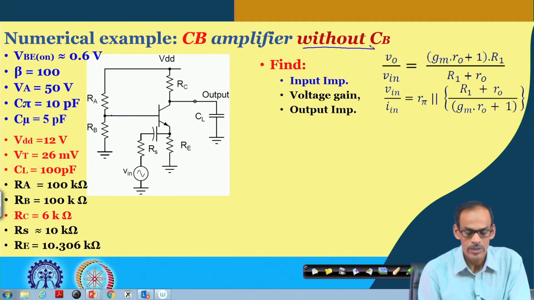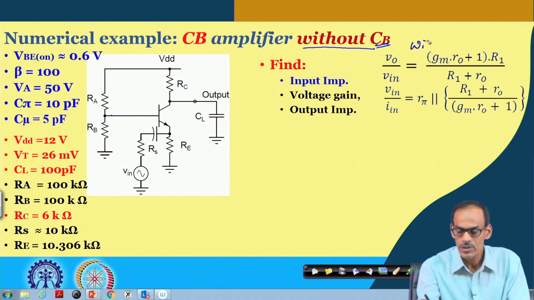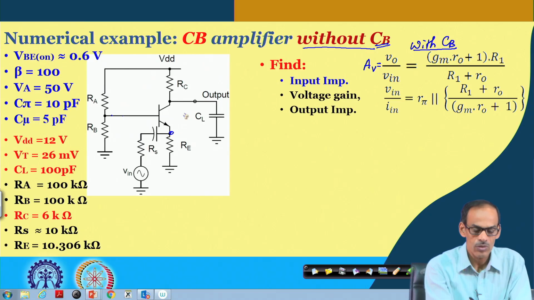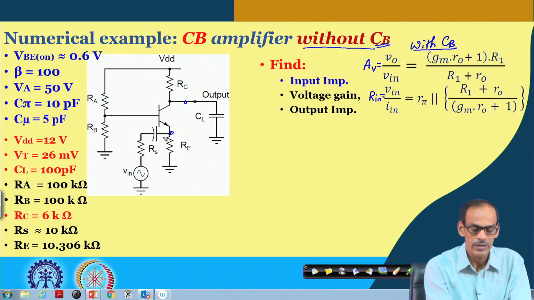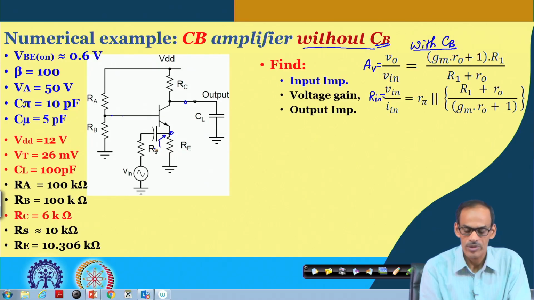You may recall the voltage gain when we have Cb connected. The expression of the voltage gain with Cb has been listed here. This is the voltage gain from the emitter node to the collector node, and this is the expression of the input resistance of the main circuit looking into the emitter terminal.